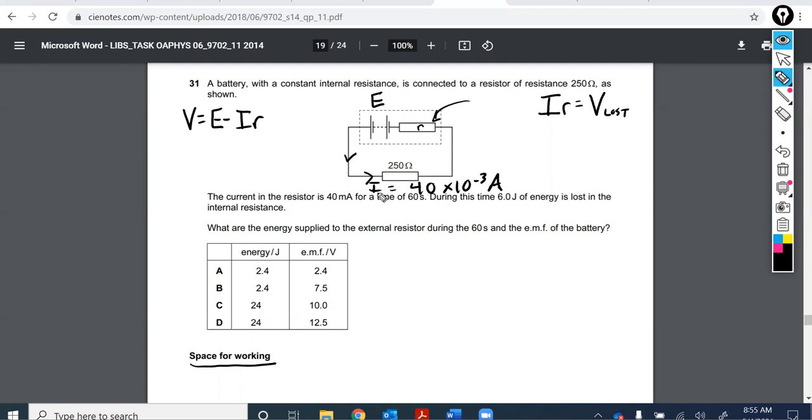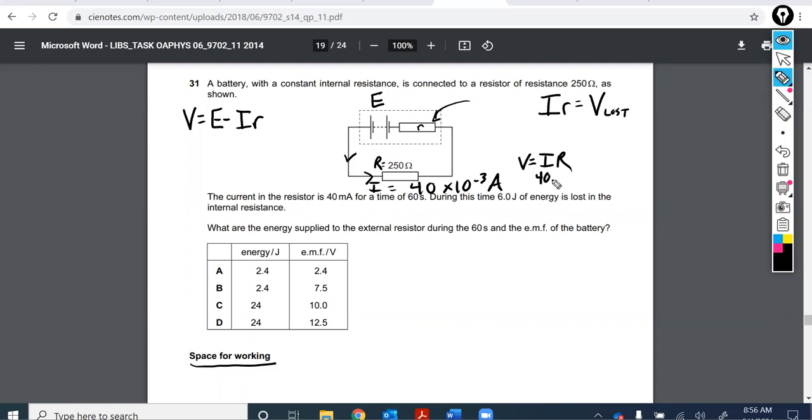So let's think about this resistor. If we know the resistance R and the current going through it, 40 milliamps, what can we calculate from that? We could use Ohm's law: the voltage drop across this one is going to be IR.